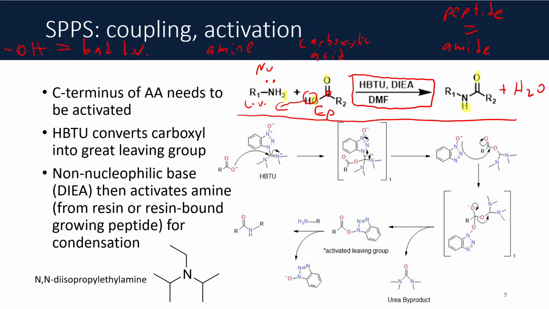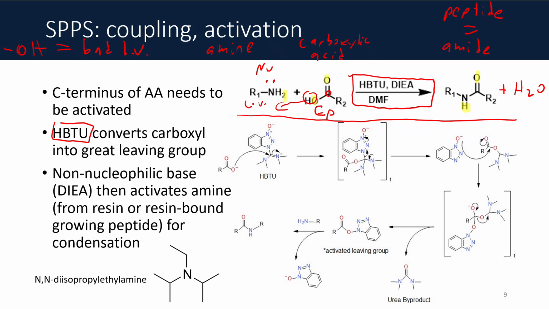But we're not going to do this in our solid phase peptide synthesis machine because tRNA is expensive and finicky and hard to make, even harder to isolate. So we need a cheaper molecule. That is where HBTU, or HBTU, comes in.